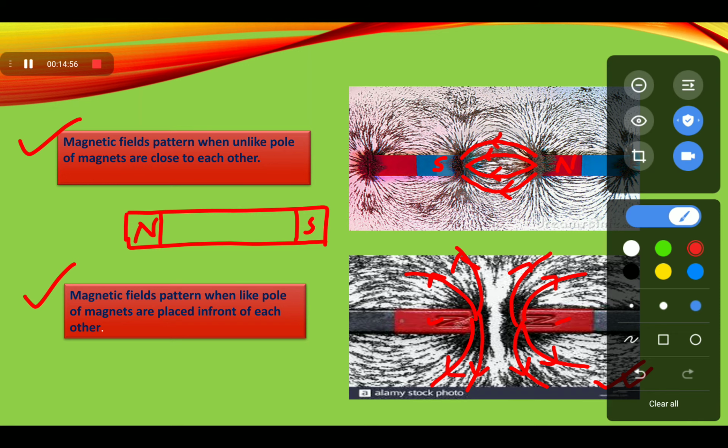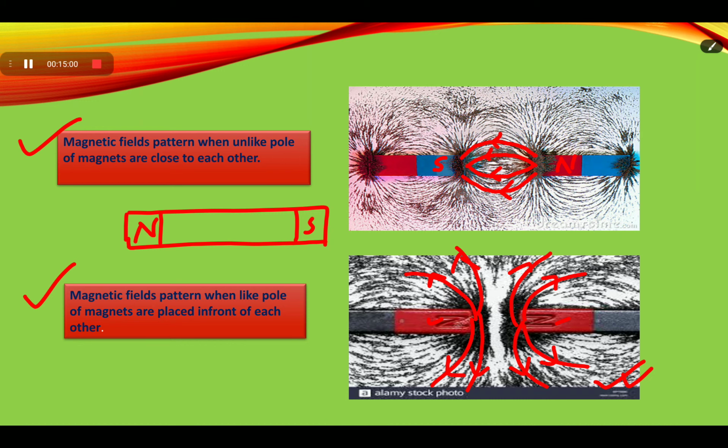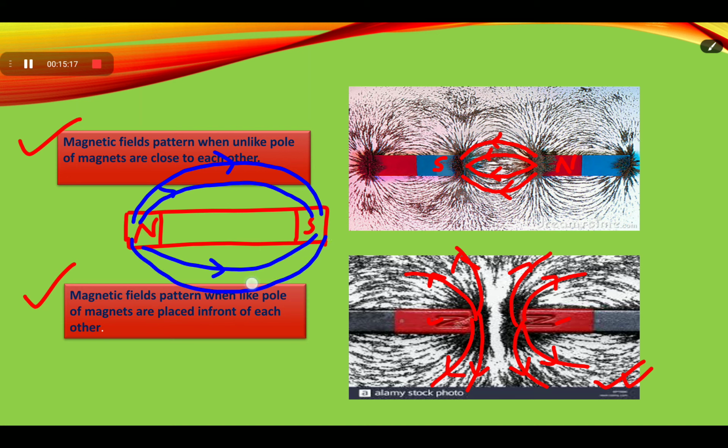And here, outside the bar magnet, the magnetic field lines always originate from the North Pole and end on the South Pole. Like this.